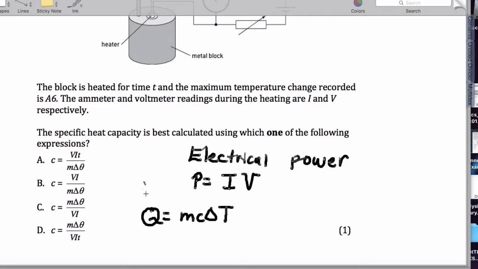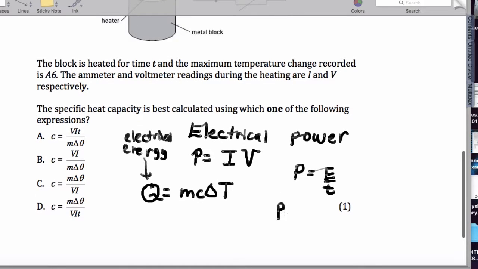The energy in this case is the electrical energy that's getting converted into heat. And how do we go from power to energy? Power equals energy over time. So what that means is that our power times our time equals our energy.